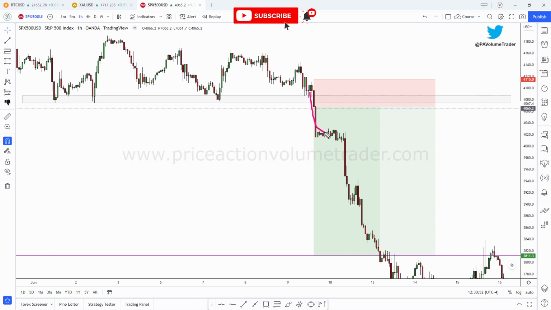Like in this case, if we would have gone like this, and then we go like this, and then we break and make a lower low, this confirms this is a strong level, and then you bring your stop here. Then if we do what we did here and we break down, then we bring it behind here, etc.